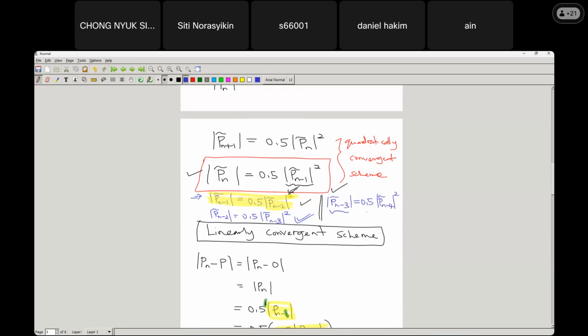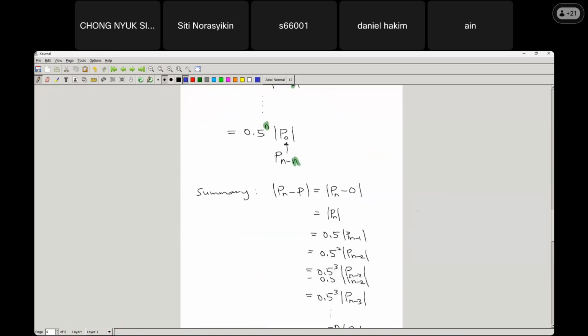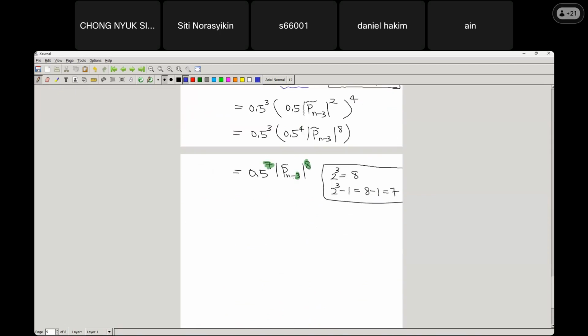So you substitute Pn minus 3 tilde equal to 0.5 Pn minus 4 tilde square into here. Now I will have 0.5 power of 7, and something here, power of 8. So what is my Pn minus 3 tilde? It is equivalent to 0.5 Pn minus 4 tilde square. Okay, you simplify this.